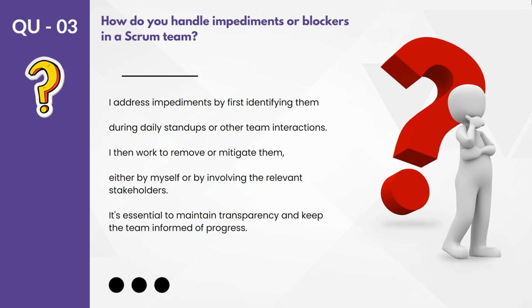The overall idea behind this approach is to maintain transparency and keep the team informed of progress. The Scrum Master comes to know that there are impediments and is doing the needful to resolve or mitigate them, but at the same time, to maintain transparency, he has to make sure that everyone on the team is aware of that impediment.